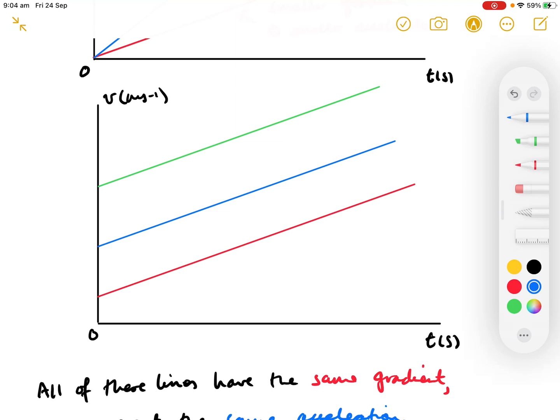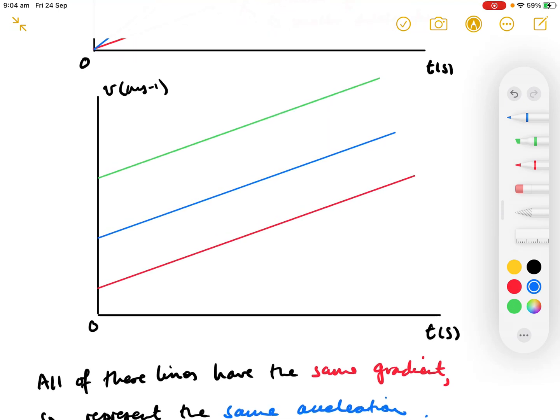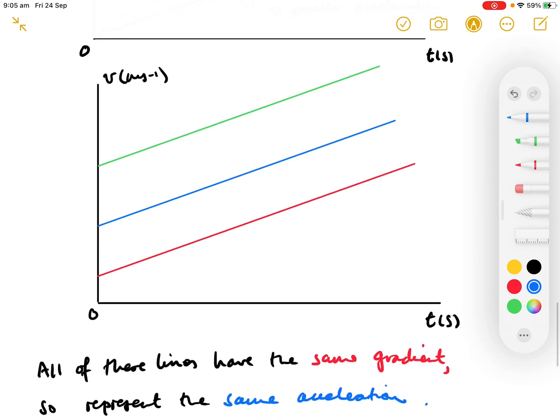They're all parallel. So different lines on a velocity time graph which are parallel have the same gradient, and therefore they represent the same acceleration. And that brings us to an end of this particular note.